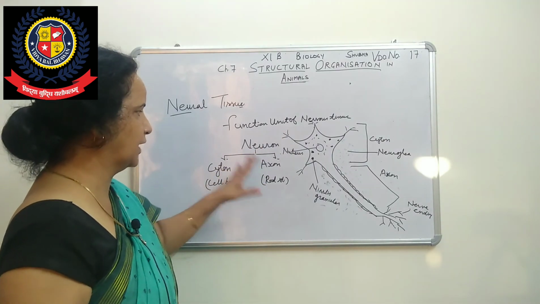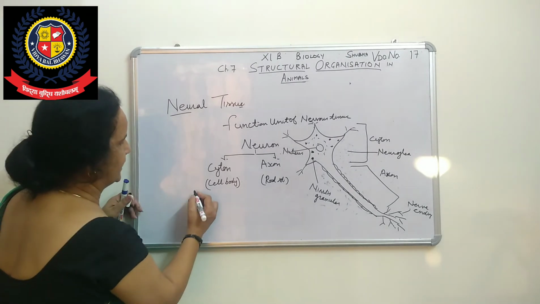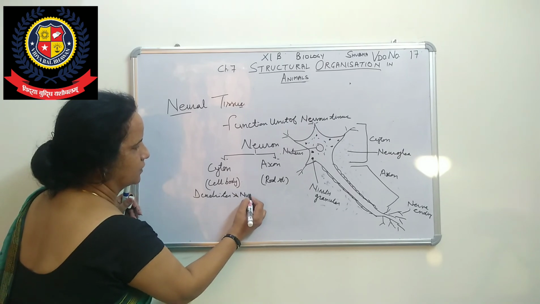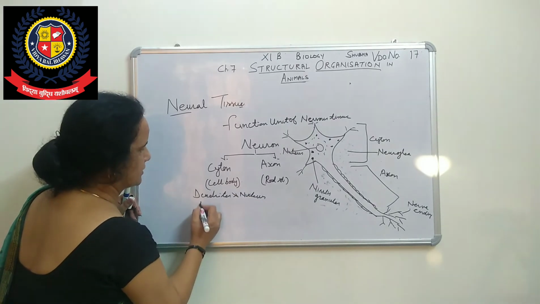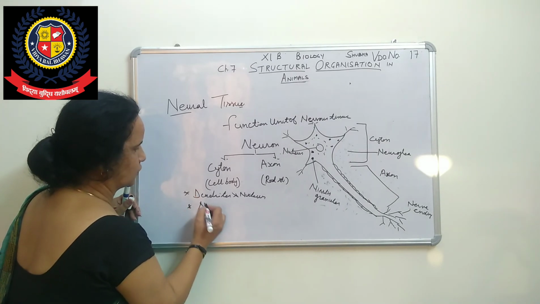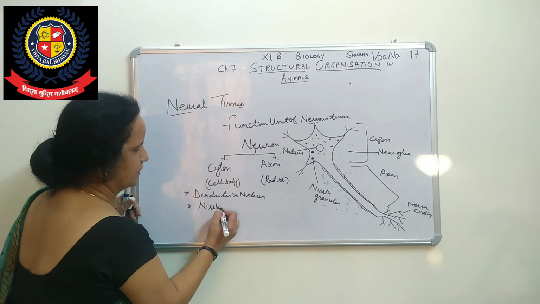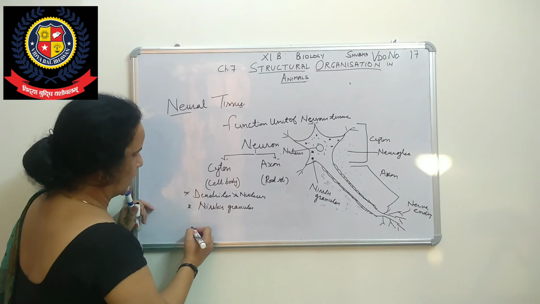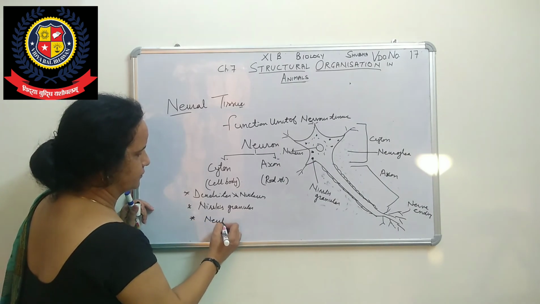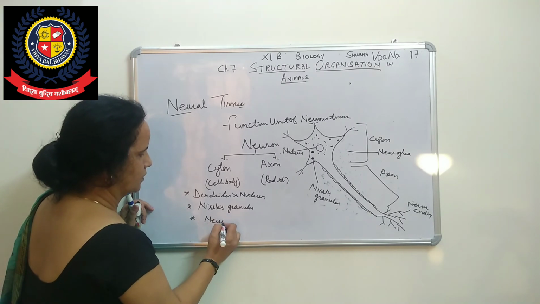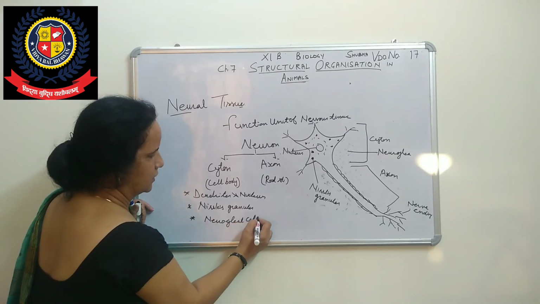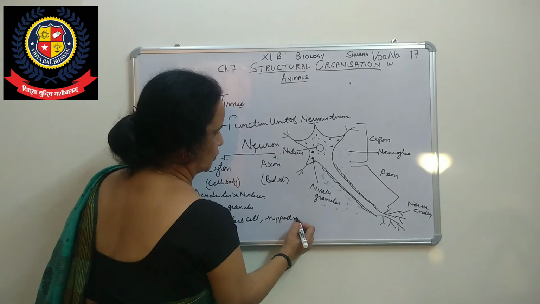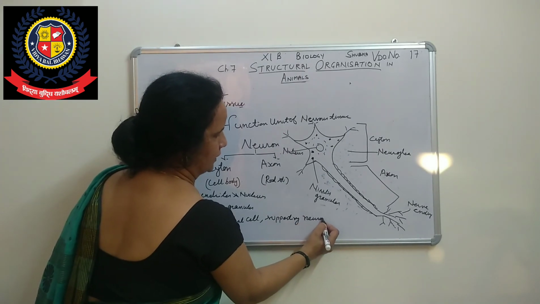So it is clear. The neuron has two parts, cyton and axon. The cyton has dendrites and a nucleus, and Nissl's granules are also present in the cyton. The outer surrounding has neuroglial cells, which support neurons or nerve cells.